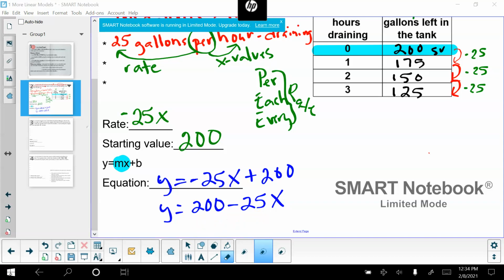Now one thing that's important to know is that sometimes you don't always have x's and y's in an equation. They can use different letters.